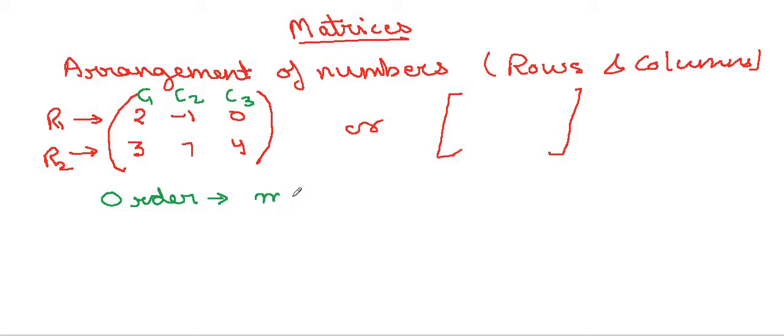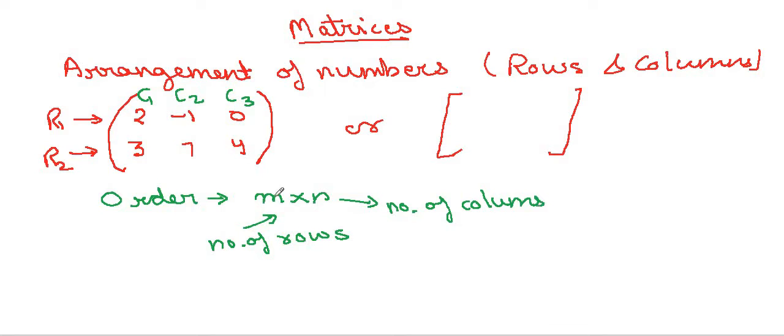It is represented as M cross N, where M means number of rows and N means number of columns. There are 2 rows and 3 columns, so we will say the order of this matrix is 2 by 3.